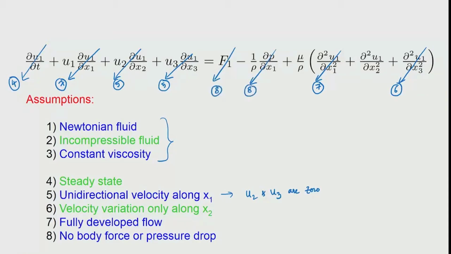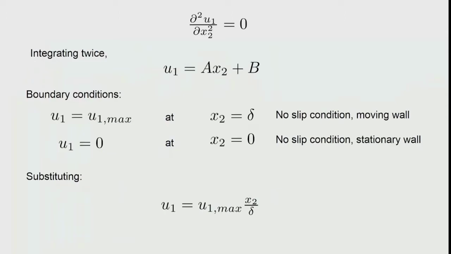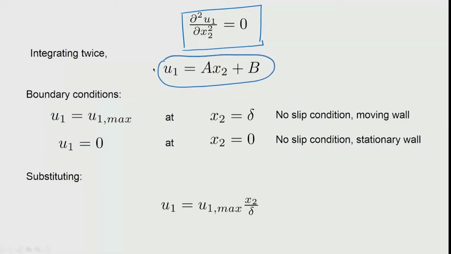That leaves us with only one term, which is equal to 0, and the equation appears in the simple form written here. You can immediately see that the solution should be a straight line. When we integrate this twice we get a x2 plus b, and the integration constants are to be found from the boundary conditions which we have already mentioned.